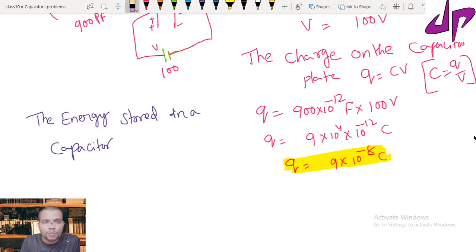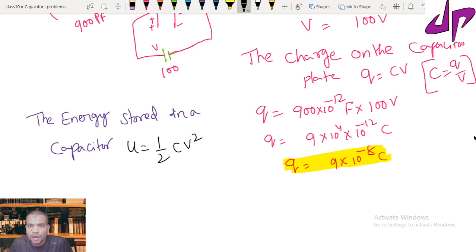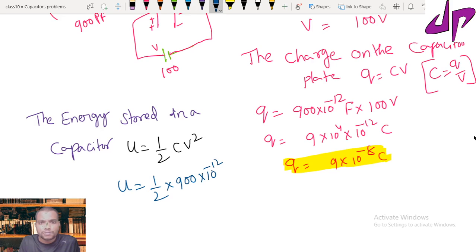You can take the formula, potential energy U equals half CV square, because we know the capacitance of the capacitor and we know the potential. Now substituting those values, U equals half, capacitance 900 pico, pico means 10 power minus 12, times potential 100 volt, so 100 square.